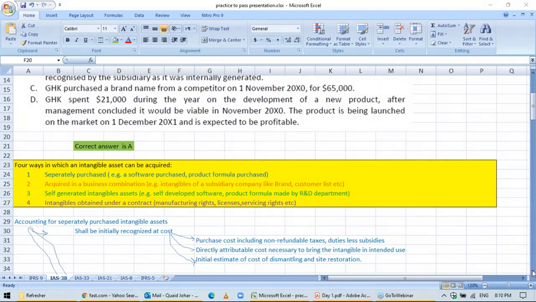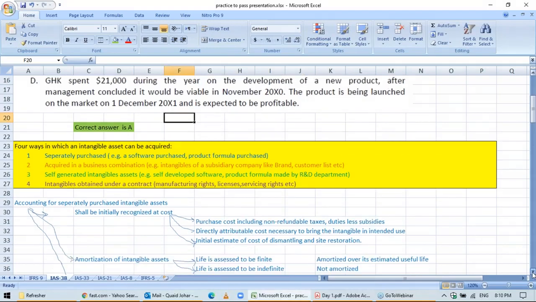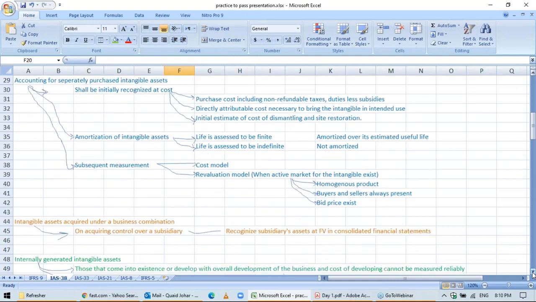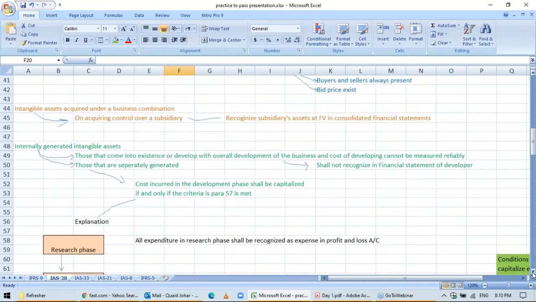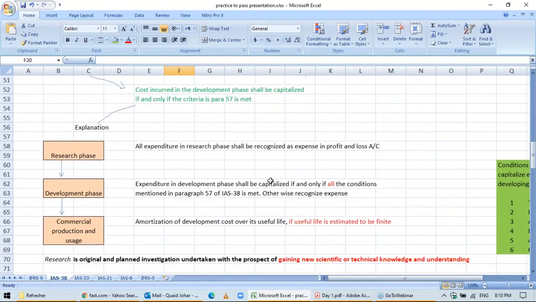So what the IS say, just look at the diagrams. These diagrams will give you, briefly explain you all the rules covered in the IS 38. Just look at this diagram over which I'm making a block.